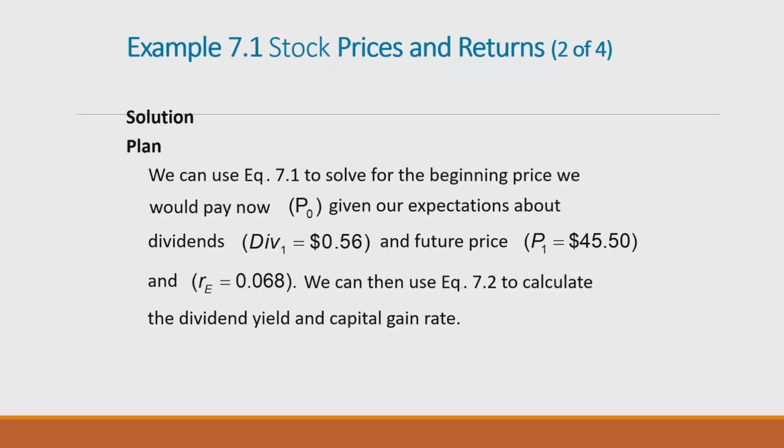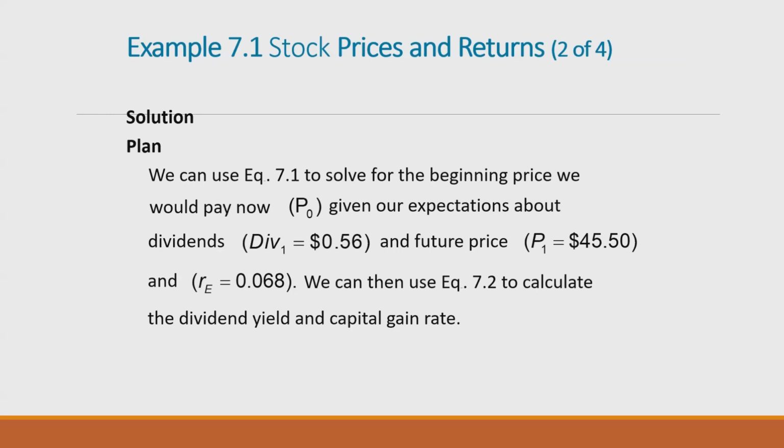So the solution plan: we can use equation 7.1 to solve for the beginning price we would pay now, P0, given our expectations about dividends. The dividend is equal to 56 cents, the future price is $45.50, and the return is 6.8%, or 0.068.